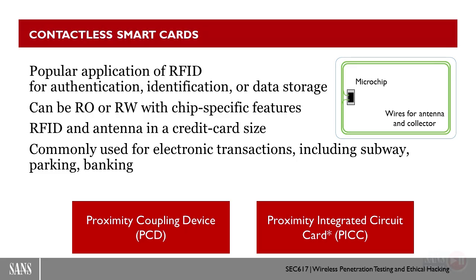The PCD reads data from the PIC, and we can't do bidirectional data transfer, but we can dynamically make them change roles with NFC. So the PCD becomes the PIC, and the PIC becomes the PCD, and we do transfer that way, and then they switch, and we do transfer the other way, and then they switch again. So they have the ability to change roles within NFC.